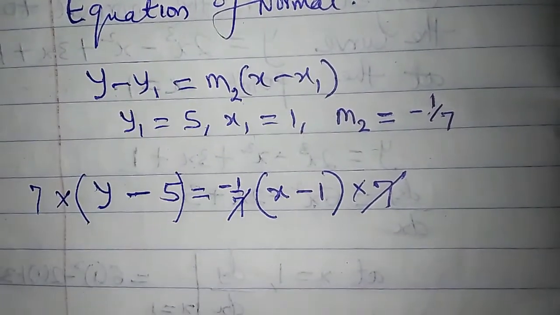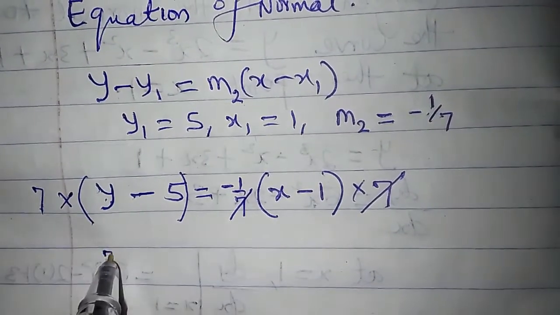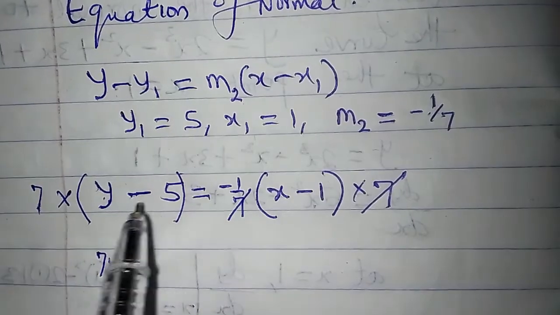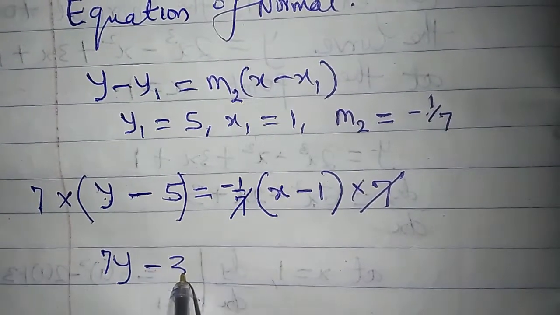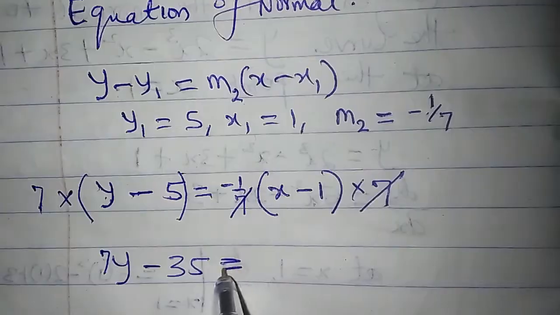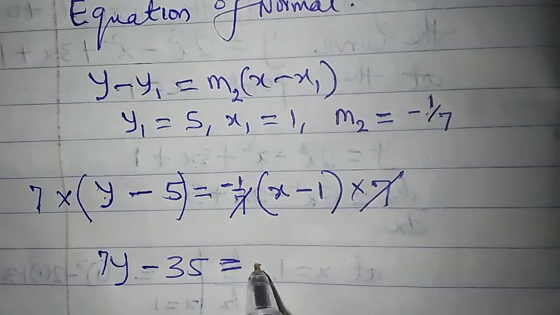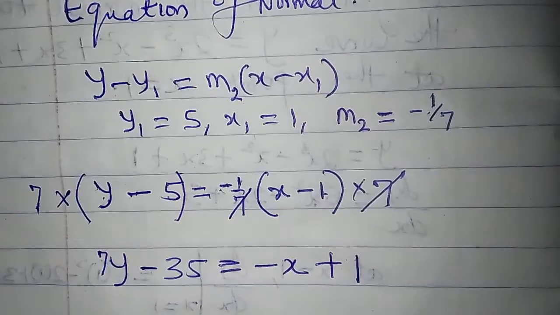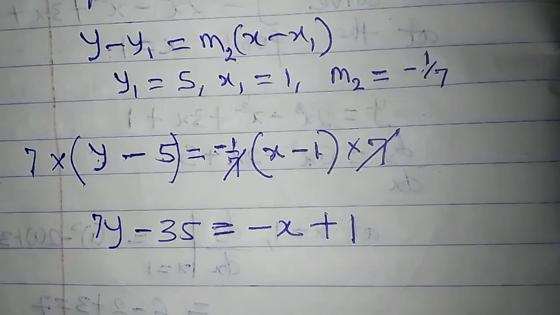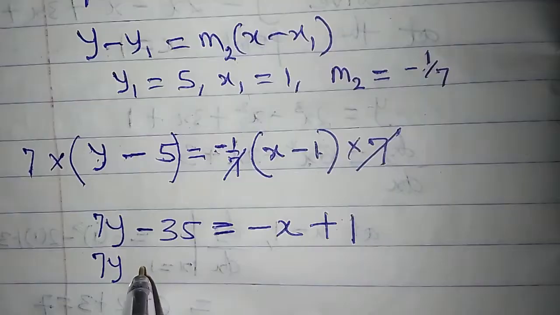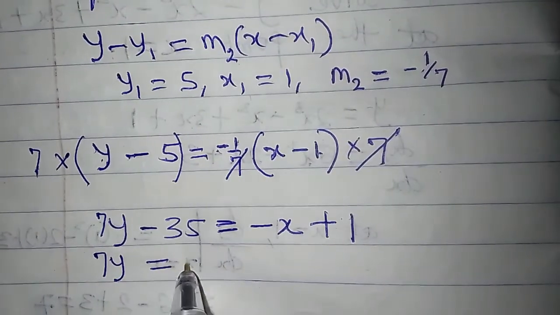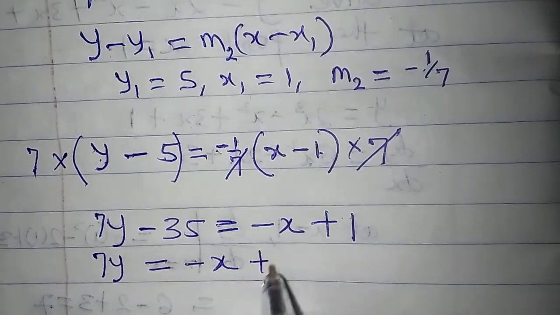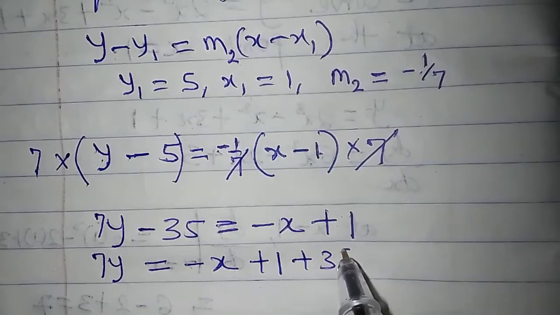That's the point. 7 times y is 7y. 7 times minus 5 is minus 35. Minus 1 times x is minus x. Minus 1 times minus 1 is plus 1. So let's rearrange. 7y is equal to minus x plus 1 plus 35.